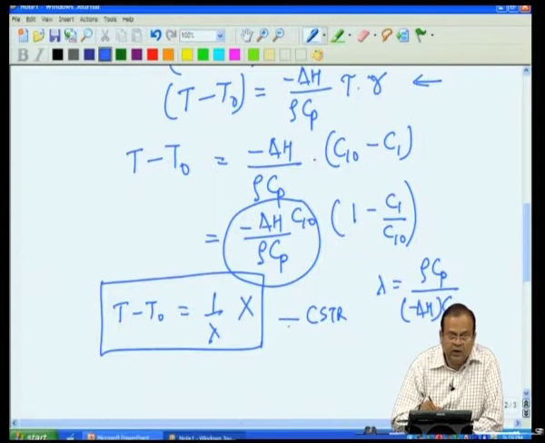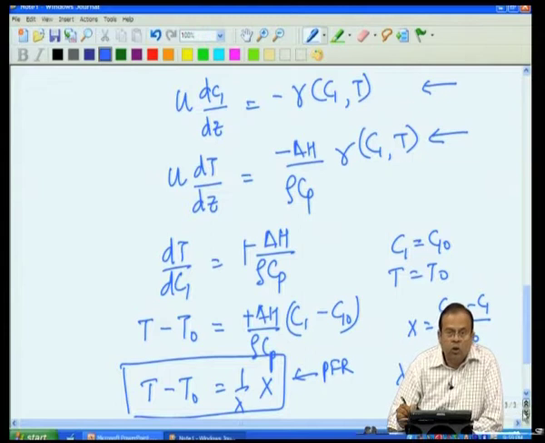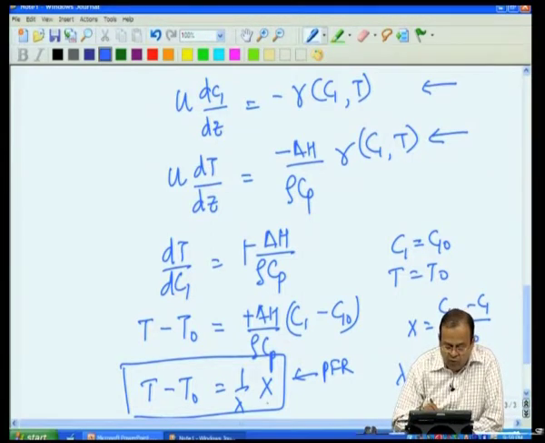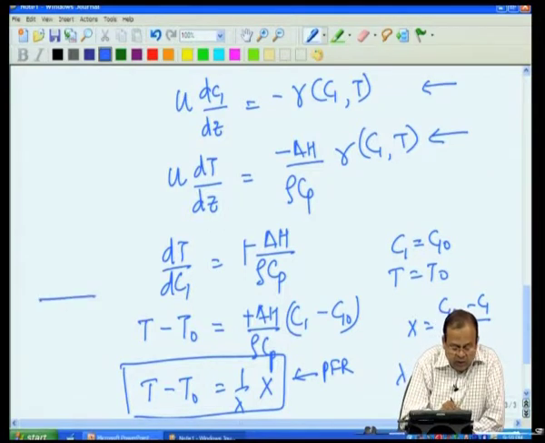In a stirred tank reactor, the temperature inside the reactor as well as at the exit is constant, and so is the concentration, and therefore this is a single value relationship, whereas for a tubular or plug flow reactor, conversion is changing along the length of the reactor.